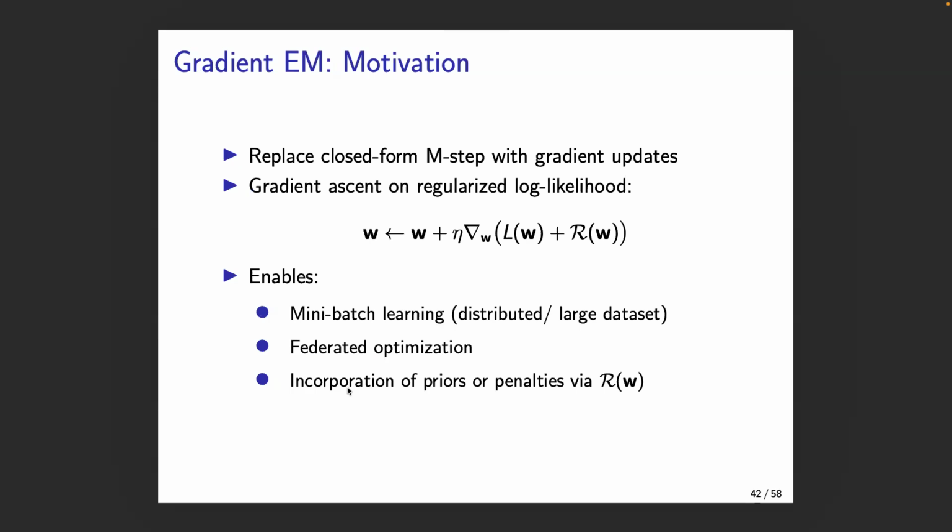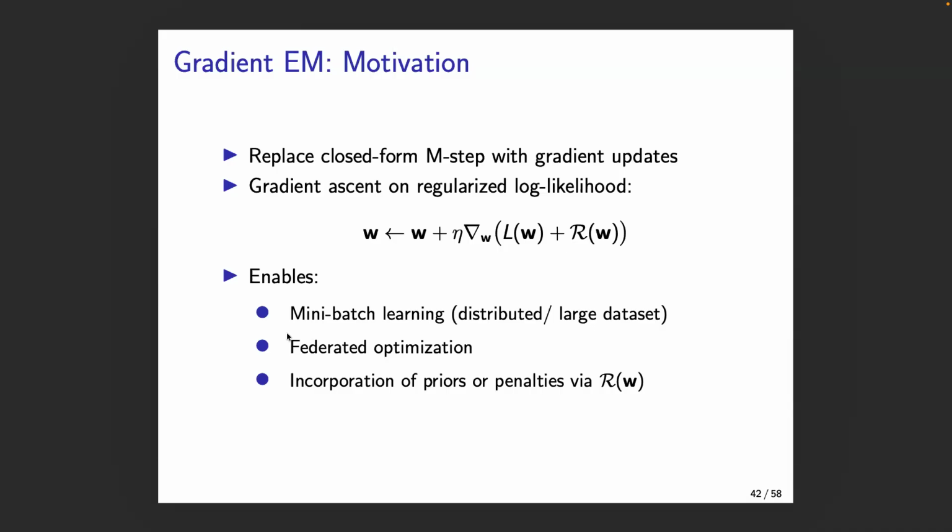A simple extension of this algorithm would be to introduce gradient EM, where we replace this closed form M step with gradient ascent. In this case, we can optimize a function like our log likelihood, but we can also add some additional penalty or regularization term.